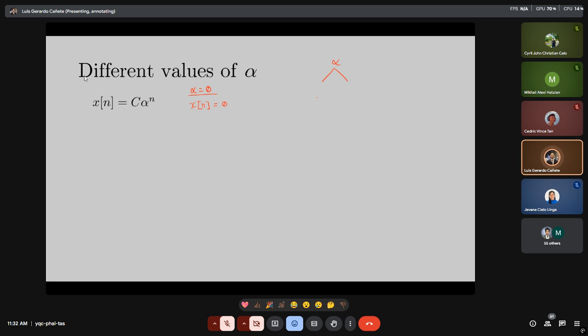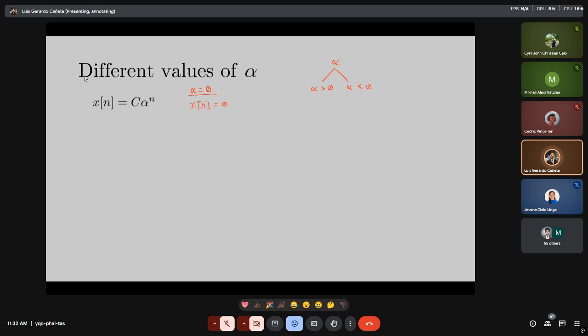There's going to be a branch wherein alpha is positive, greater than 0, and then there's also going to be a branch wherein alpha is less than 0, right? Okay, so we know what happens when alpha is 0. When alpha is equal to 0, it's just going to be 0, right?